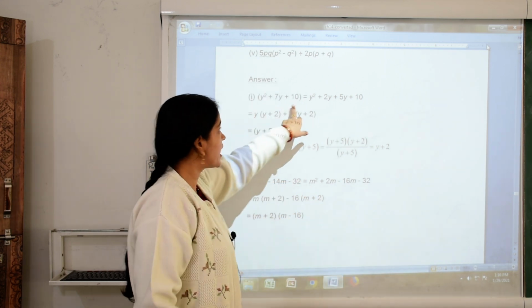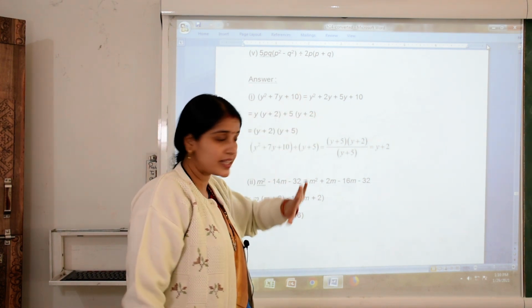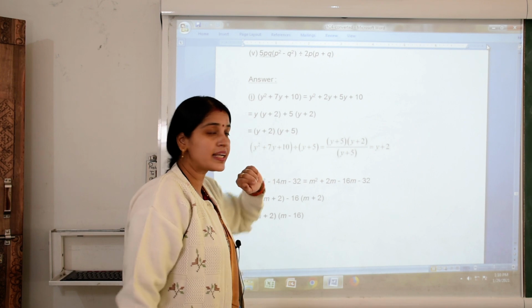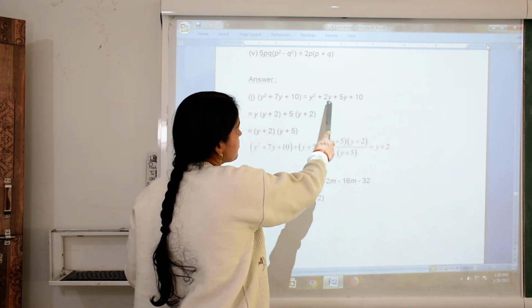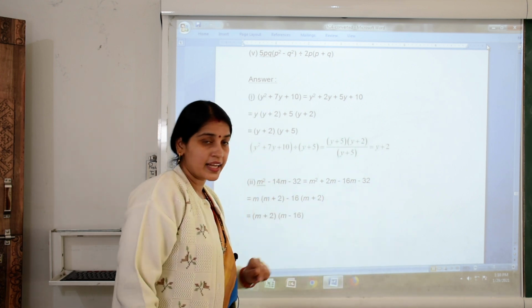So we write it here: y square first and last term as it is, we split the middle term. So y square plus 2y plus 5y plus 10.